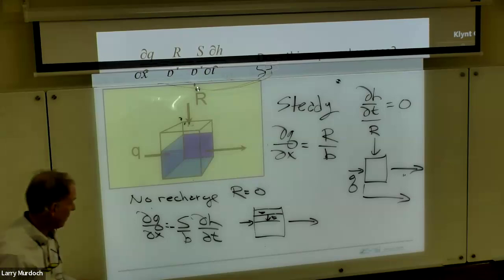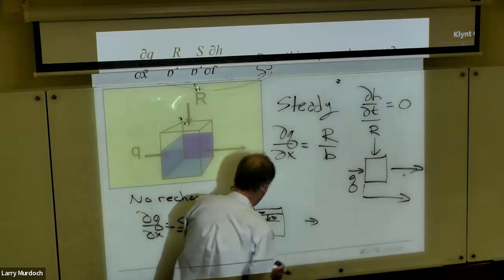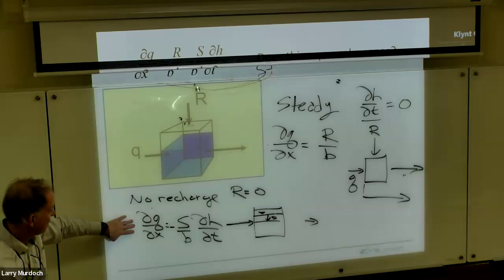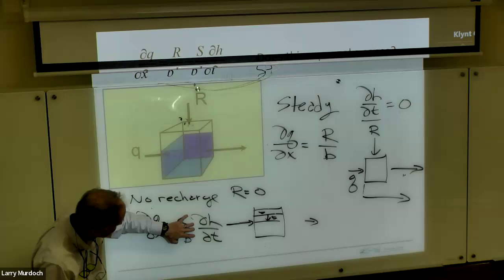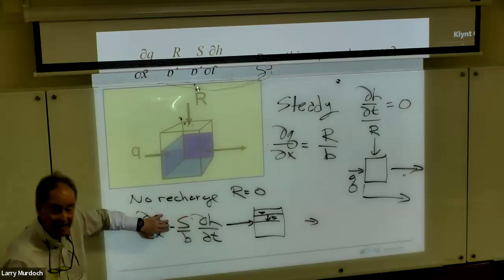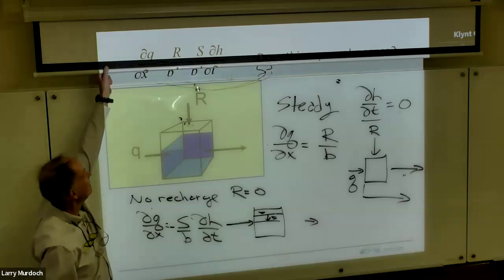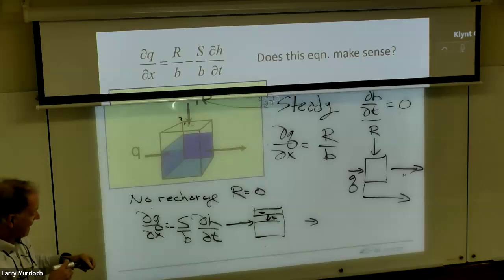And we can do the same thing if we have more flow going in than going out. This is negative, and that must mean that that's positive. If that's positive, then this side is negative. So that's a way to answer the question whether this makes sense.